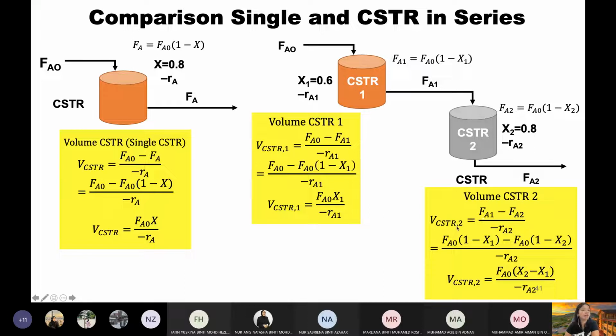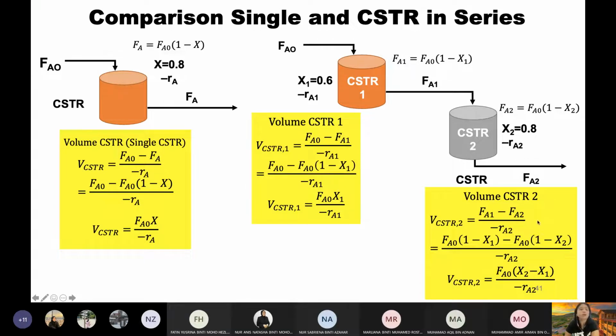So now you see I will write it as VCSTR2, volume reactor kedua. VCSTR1, volume reactor pertama. Okay, so volume CSTR2 equals to yang masuk kepada reaktor kedua adalah FA1. Dah lain kan tadi reaktor pertama yang masuk FA0, reaktor kedua yang masuk adalah FA1 minus the one that exits the second reactor, FA2.